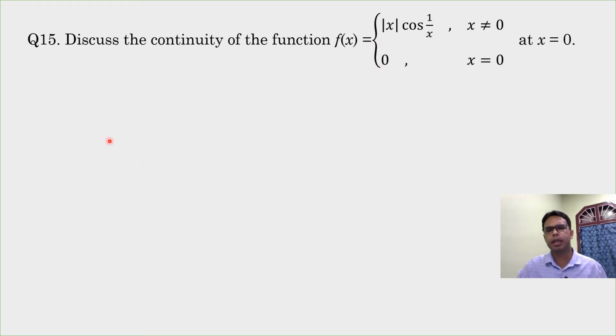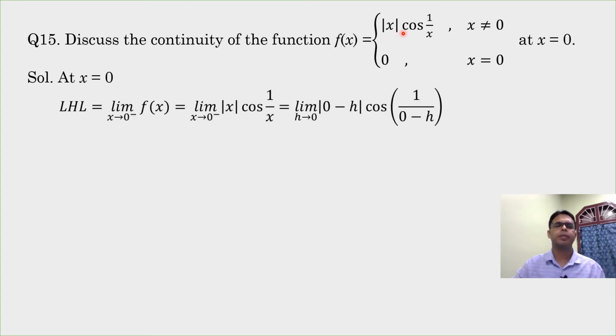So here you just take the left hand limit, right hand limit, and function value. Left hand limit at x equal to 0: f(x) is in the first line, because not 0 means less than 0 and greater than 0, both are present in the same line.